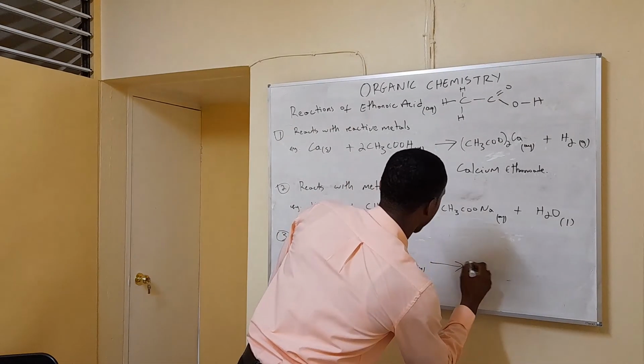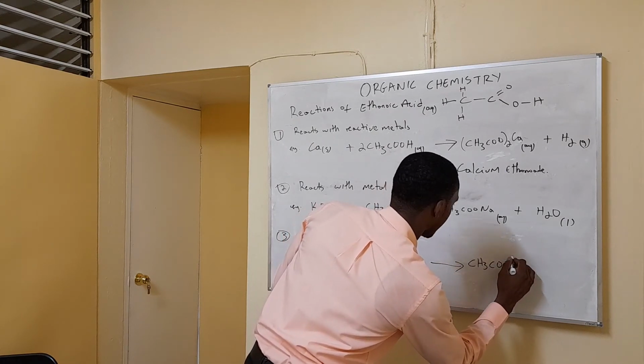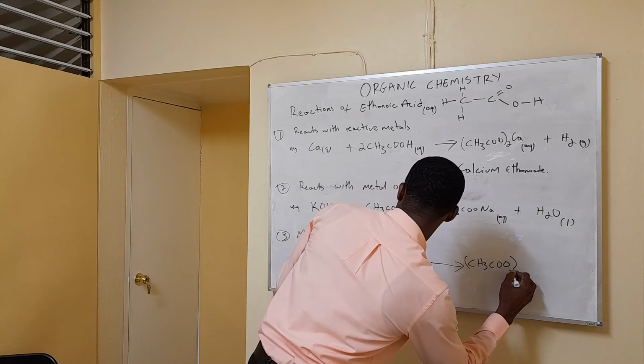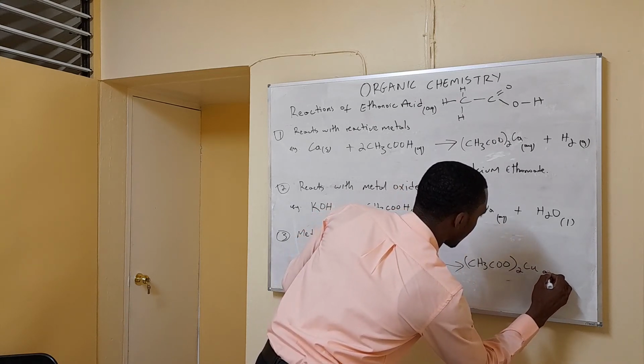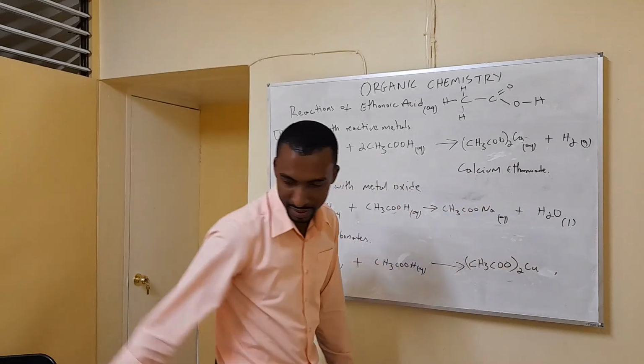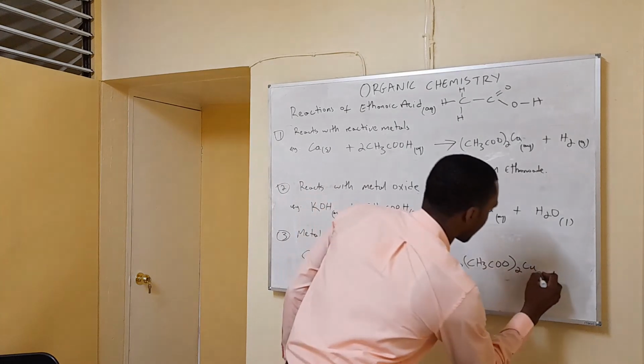So this salt here will be (CH3COO)2Cu. What's that in, that solid? That's insoluble. The other one takes aqueous.